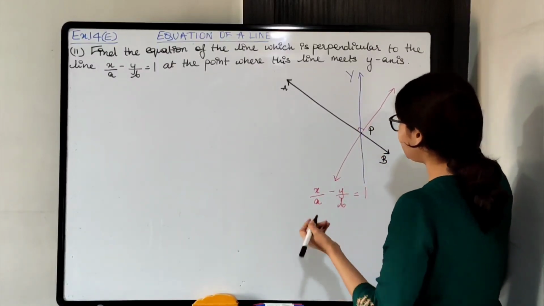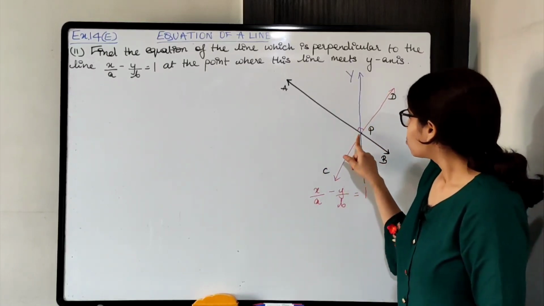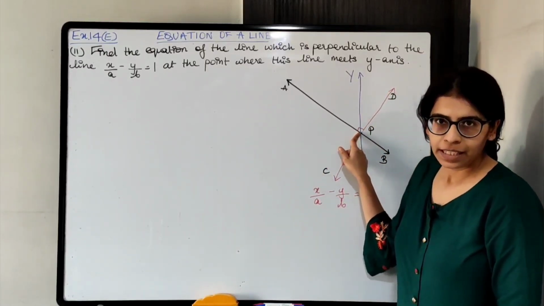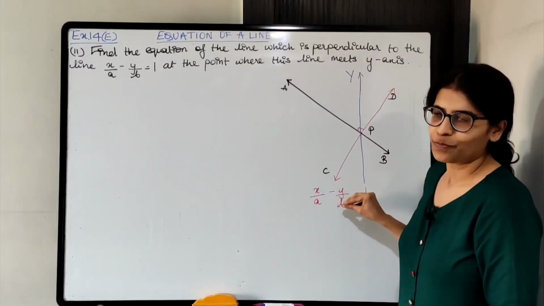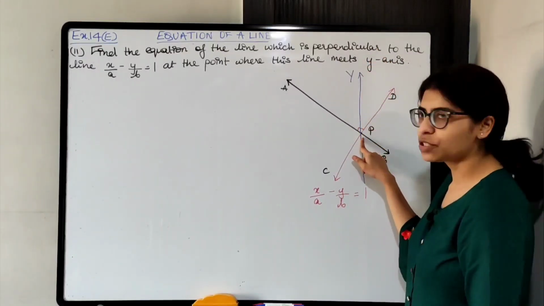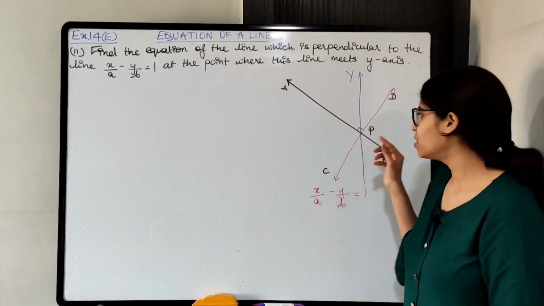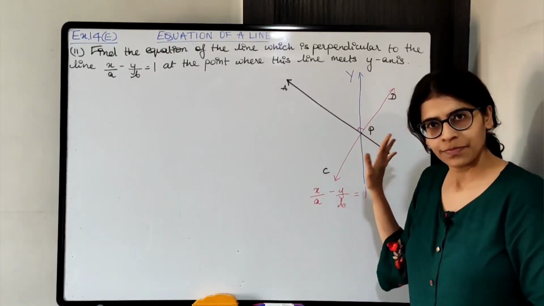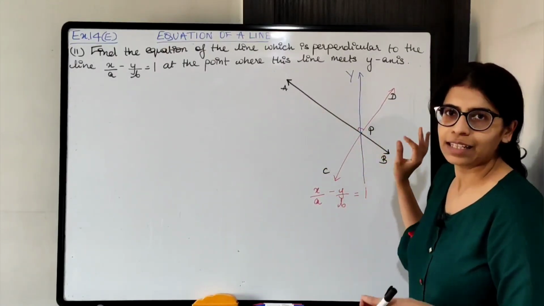Let's name it as CD. So it is perpendicular at point P where it is meeting y-axis also. So y-axis is passing through this point P. All the three lines have point of intersection P. Okay, so we have to find the equation of this line AB.